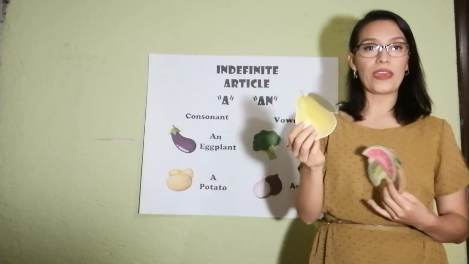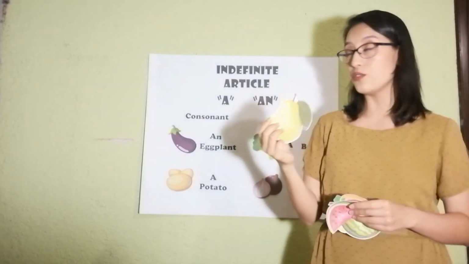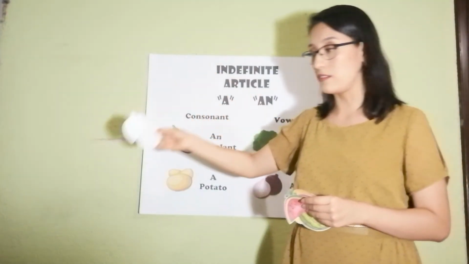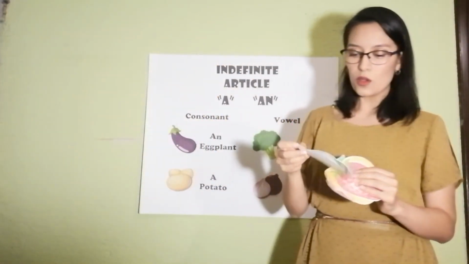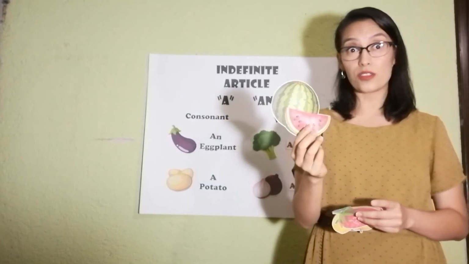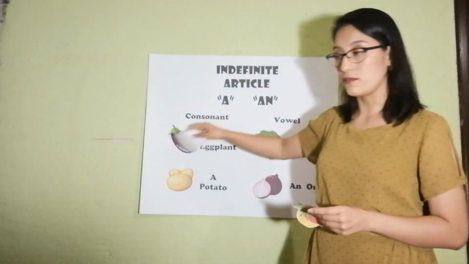What about pear? Pear starts with the letter P, so we use a pear. It could be any pear. What about watermelon? Watermelon starts with W, so we use a watermelon.